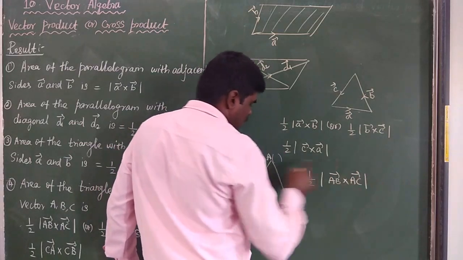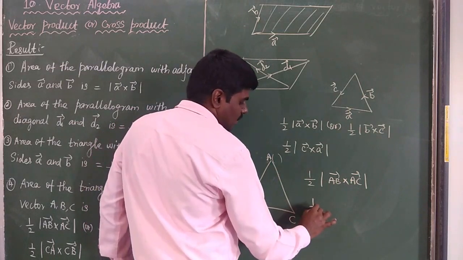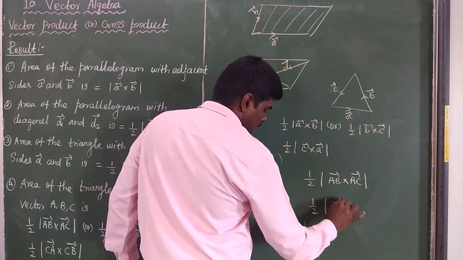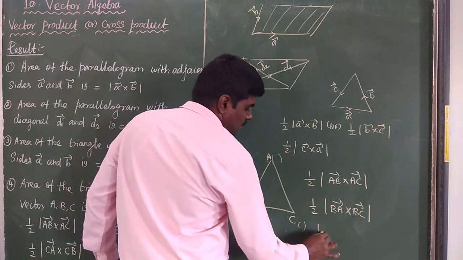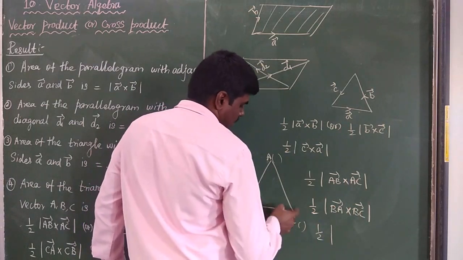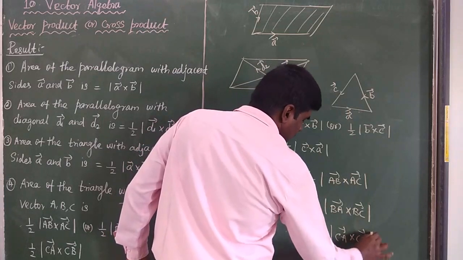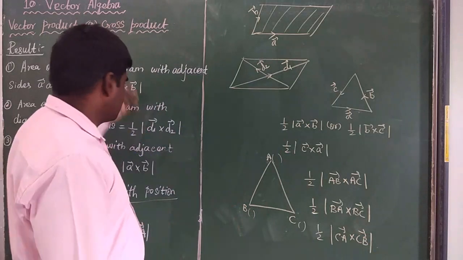You take any one point and fix at that point. This is half of AB vector cross AC vector, or half of BA vector cross BC vector, or half of CA vector cross CB vector. This is the basic formula. It is a very important result.